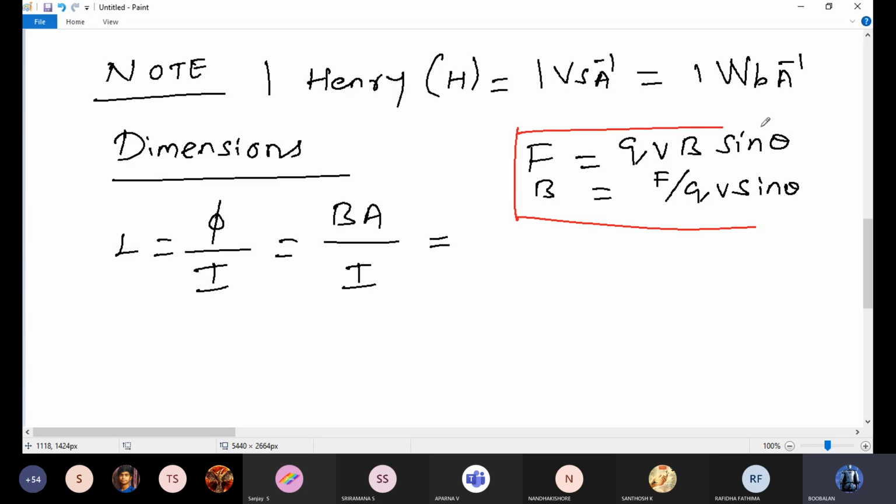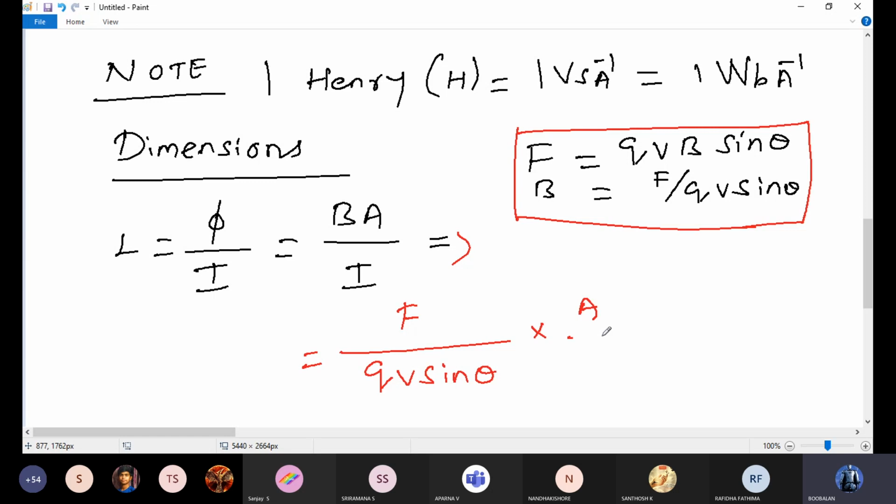So this is a constant value. So instead of B, I am applying F divided by Qv sin theta, into A by I.